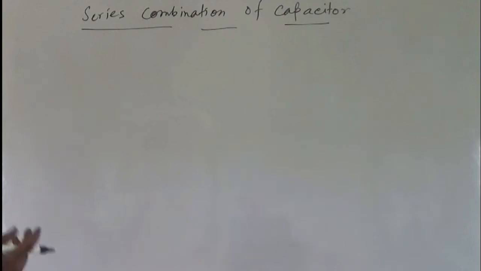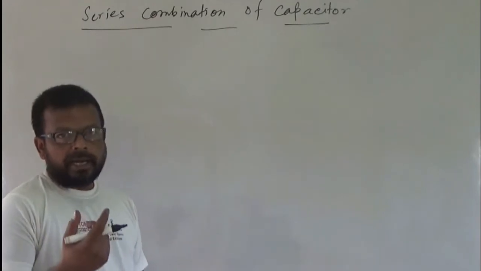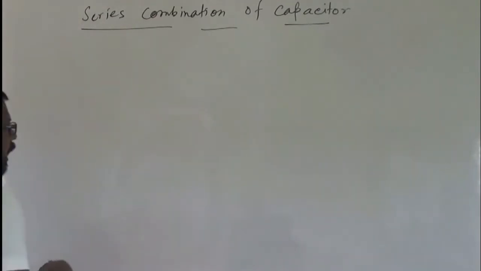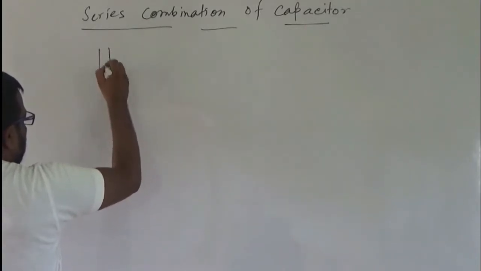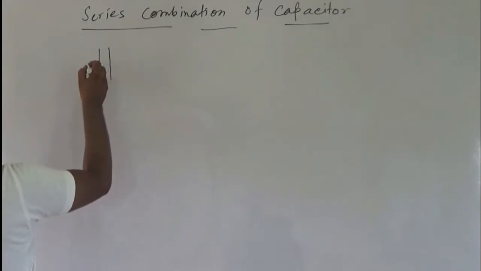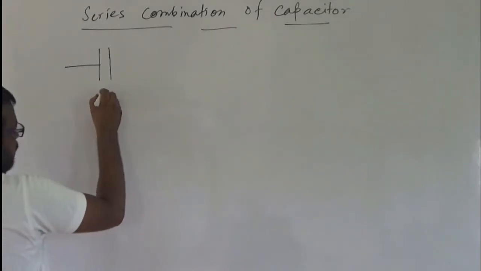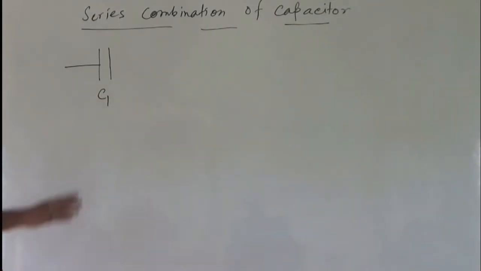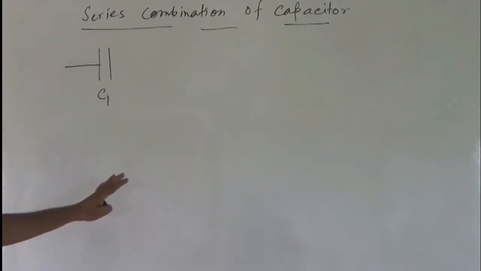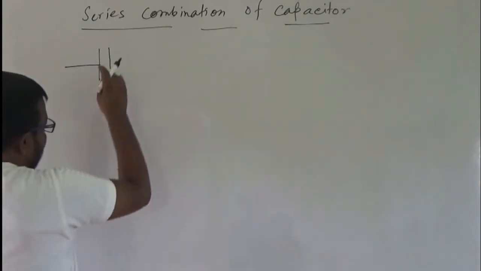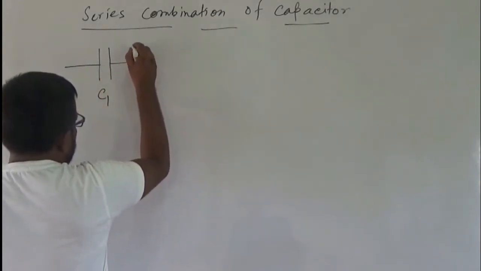Let us take three capacitors of capacitances C1, C2 and C3, and make a series combination. Series combination is like that. The first plate of capacitor 1 with capacitance C1 is connected to the voltage source, that is, the source of the charge, and the second plate is not grounded, it is connected to the first plate of the second capacitor.